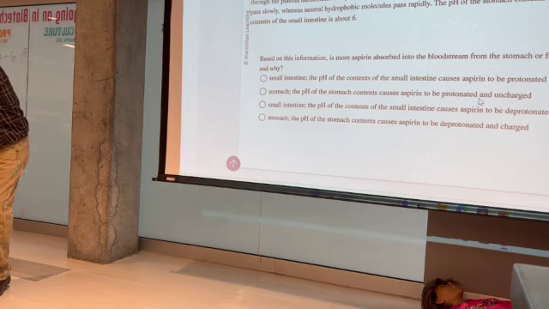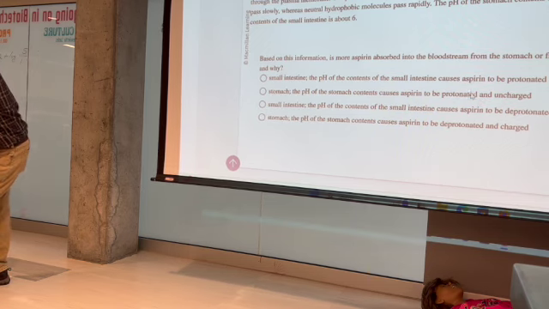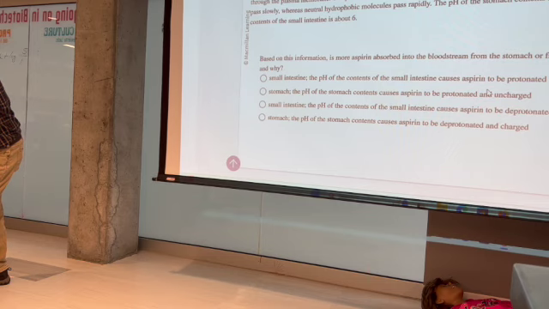So let's choose carefully here. If you want to help me to pick an option. So we agree that the small intestine should be the answer, right? But what's the reason? The pH of the contents of the small intestine causes aspirin to be deprotonated and charged? Sounds to me like the third choice should be the right one, right?